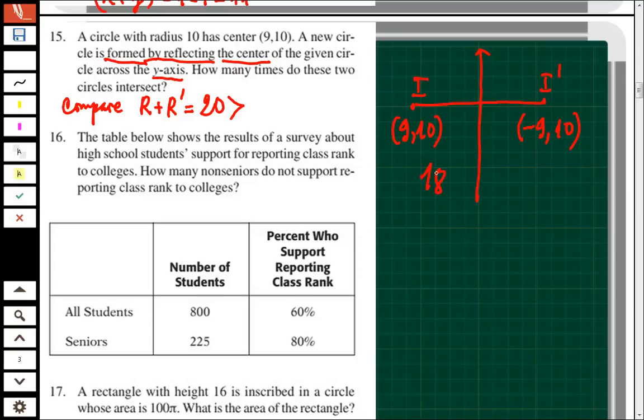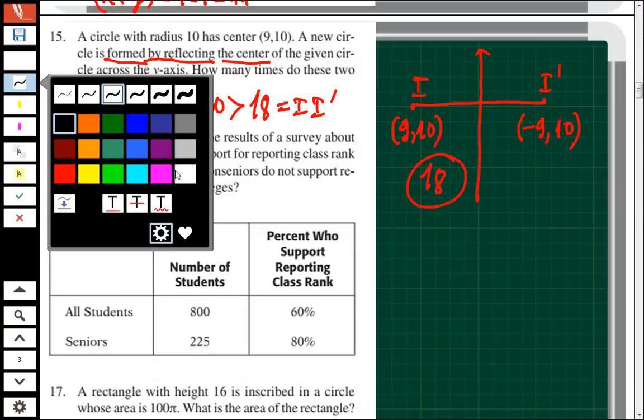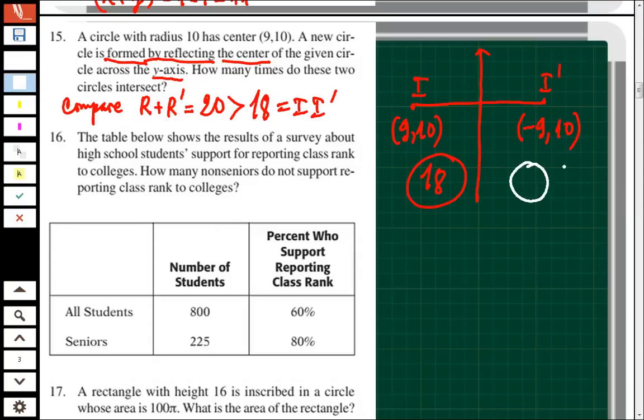That is 18. We just take the difference between the x-coordinates. So we can say that the two circles intersect at 2 points. Final result for this question is number 2.